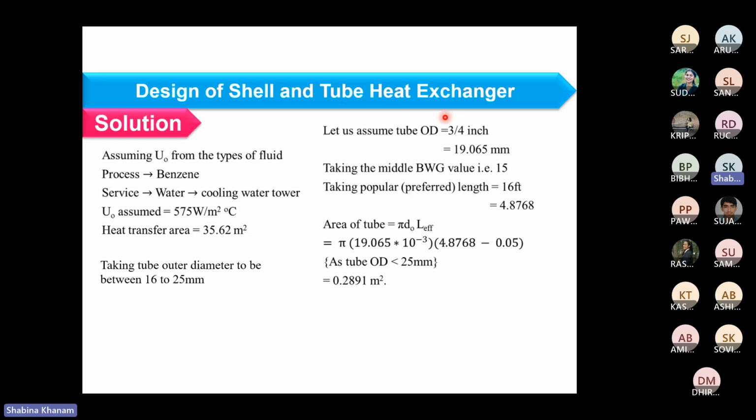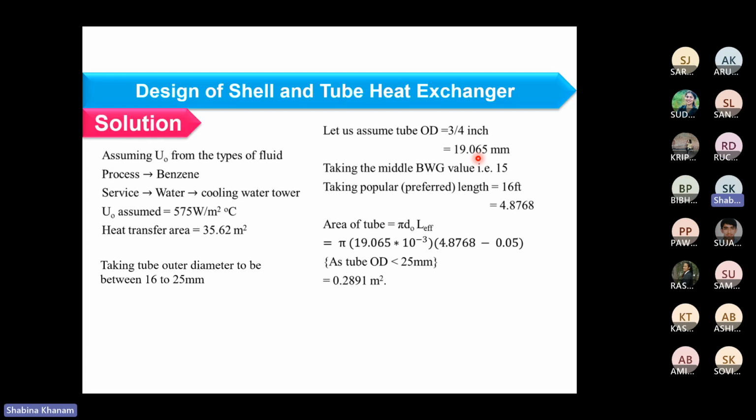Okay, so OD we have chosen as 3 by 4 inches, 19.05. This should be 19.05, I think, not 0.65. This is 0.75 into 25.4. Yes, 19.05 it should come. In this way you can decide the tube OD and ID of the tube corresponding to 15 BWG value.